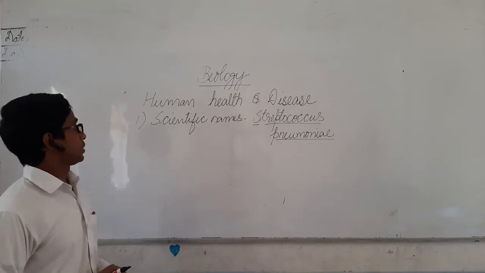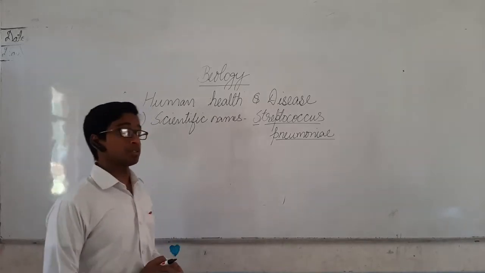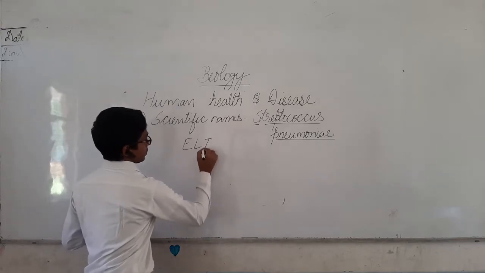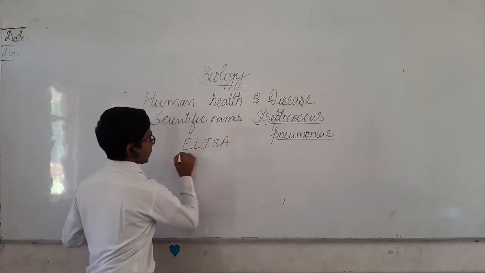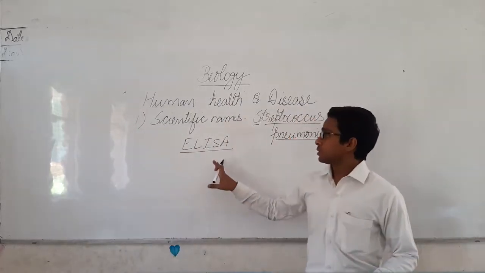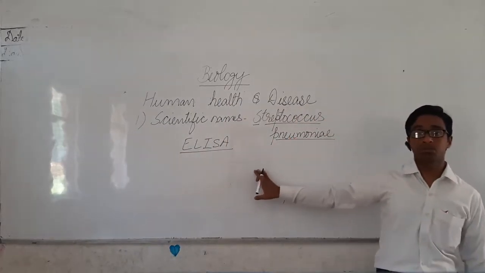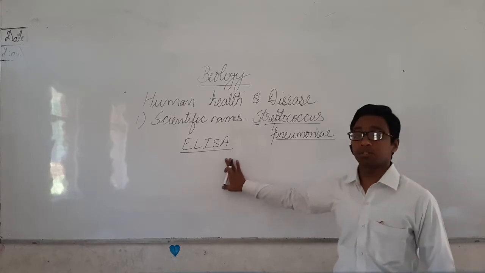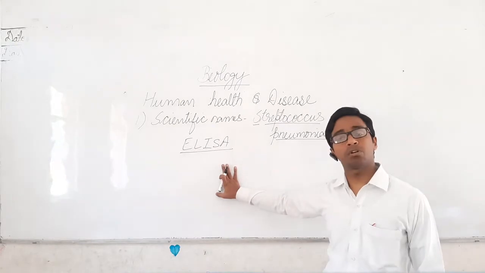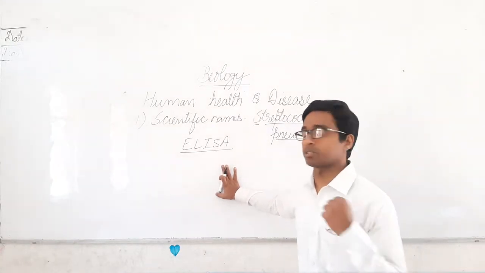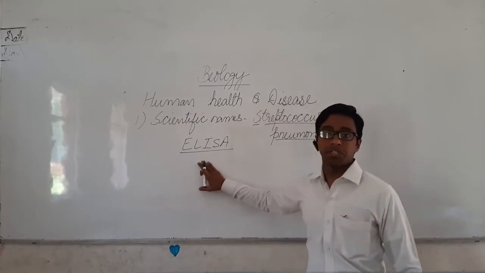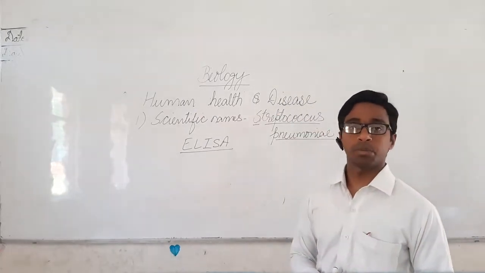Another confusion among some students was a term which is written as ELISA. It is nowadays the most commonly used pathological test by which we can detect a number of diseases by a single test only. The full form of ELISA is enzyme linked immunosorbent assay.